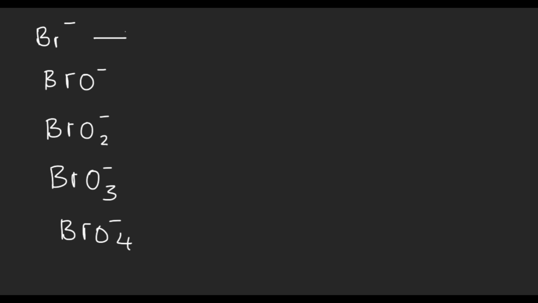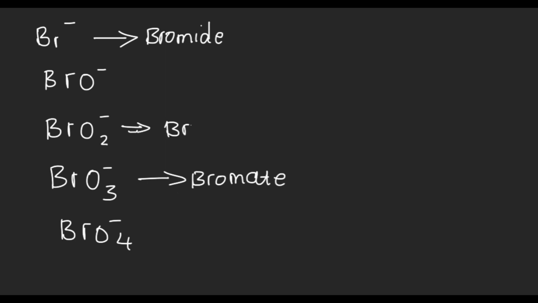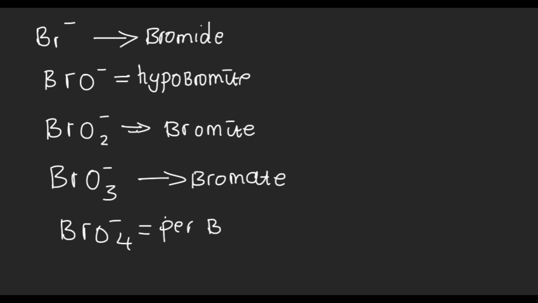For this one, we know that it's a monatomic ion, so we're going to consider this one as a bromide. Then this one will be bromate. So if this is bromate, then this one is bromite. Then this one will give us hypobromite. We have perbromate.